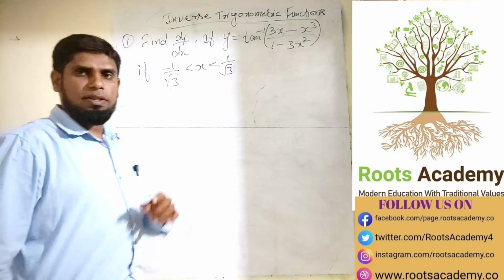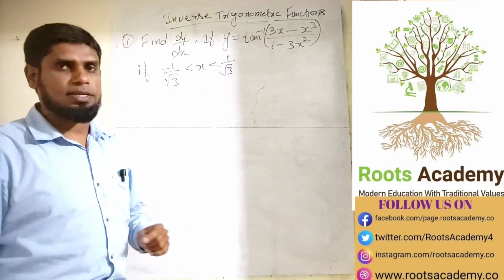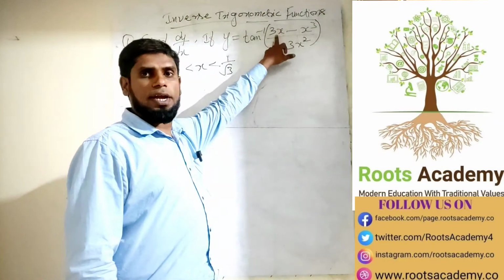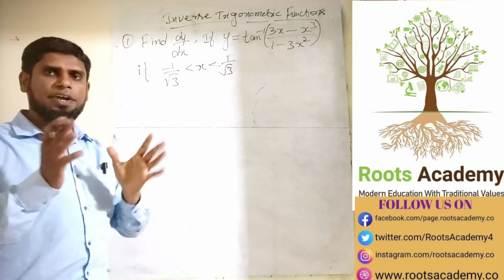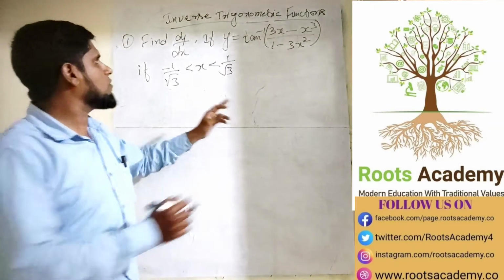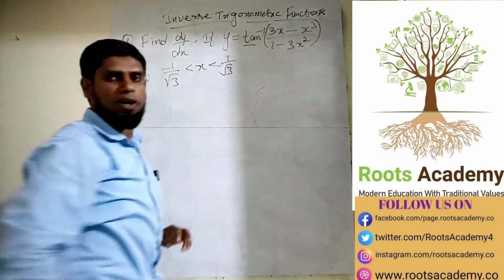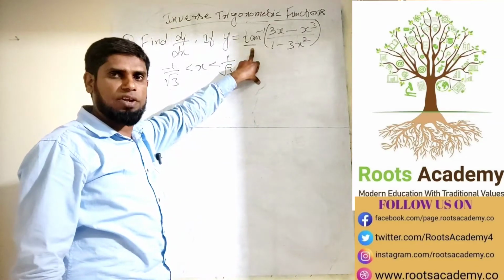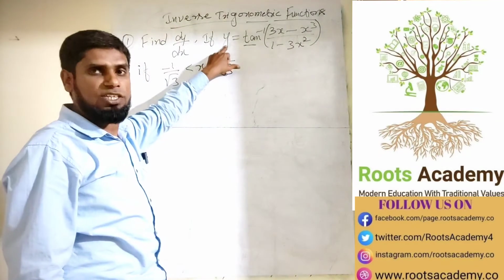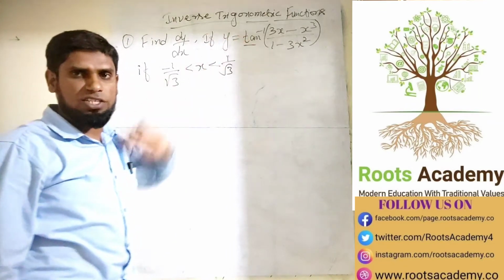Whatever value we give to x, we should get a formula related to tan, because our intention is to remove the inverse trigonometric function. Only then is it possible to differentiate; before that, we cannot differentiate.